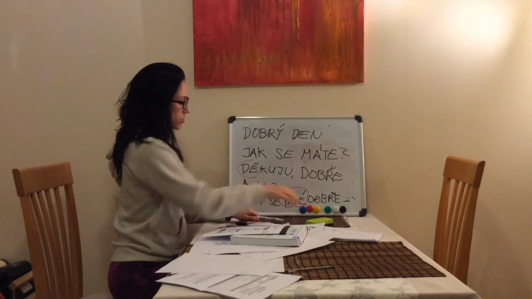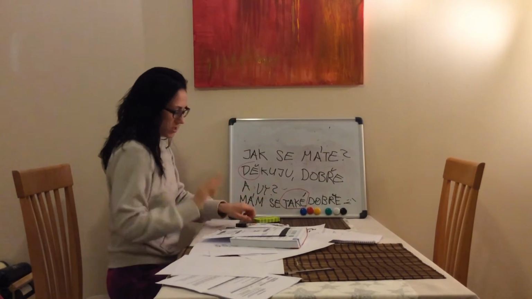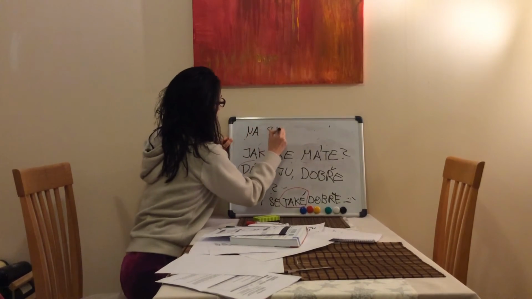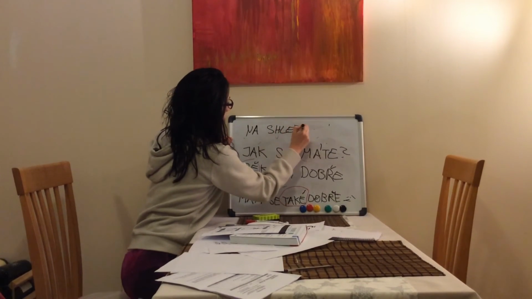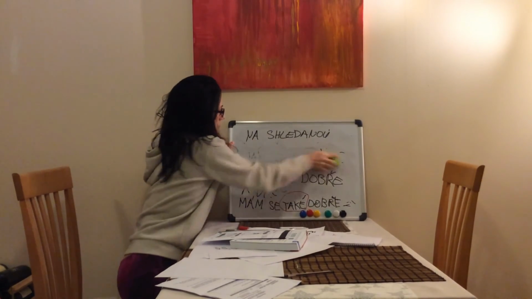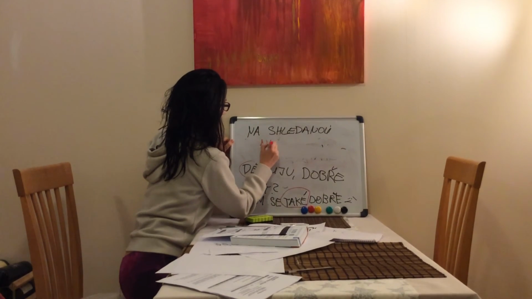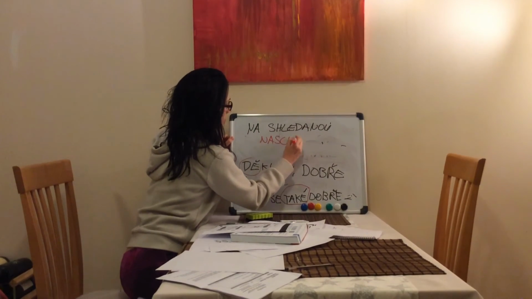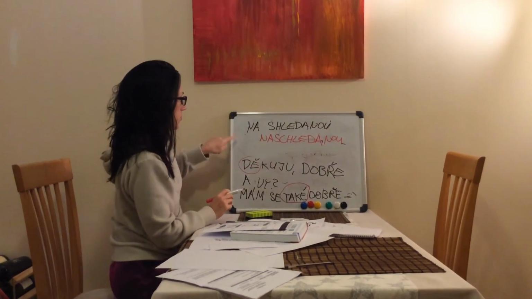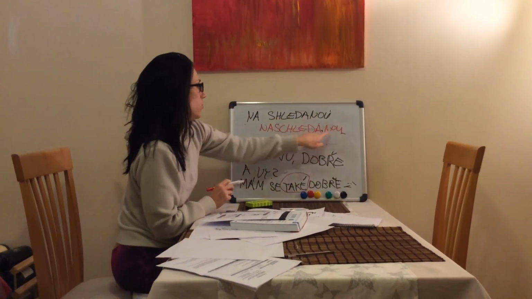And just to wrap it up, when you want to finish this conversation, you just say goodbye or bye-bye, which is na shledanou. Nashledanou, which is more commonly pronounced with just like this. So people often pronounce it shortened instead of the full nashledanou.